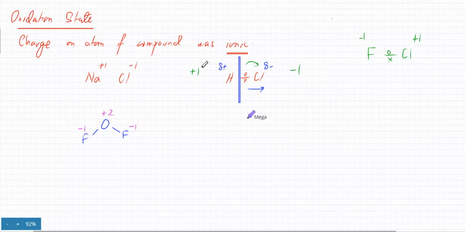So now, similarly, let's say hydrogen peroxide. What do you think would be the charges on each of the elements if this was ionic? Like, who would gain these electrons over here in this bond?